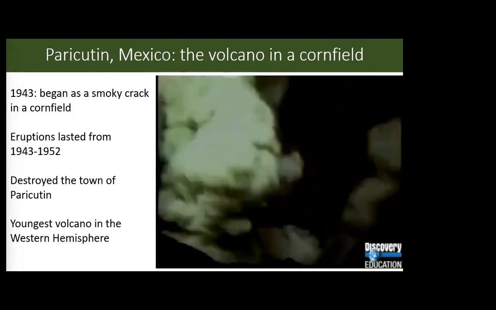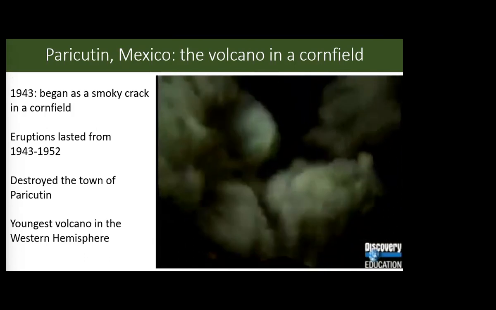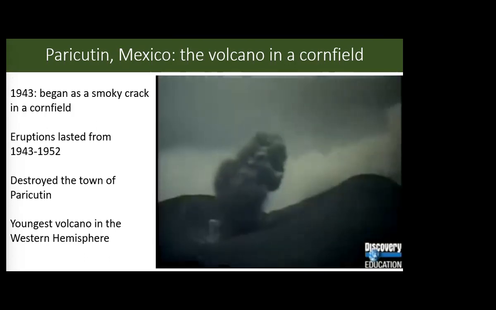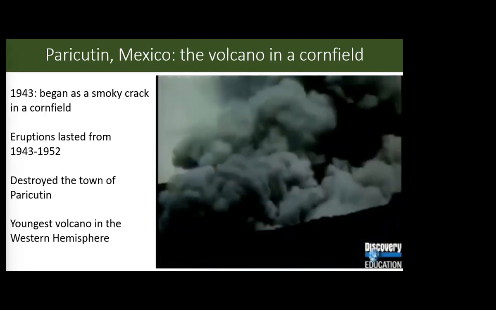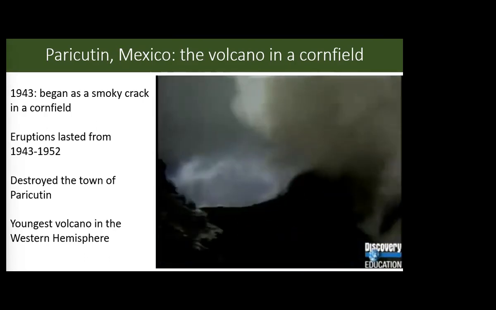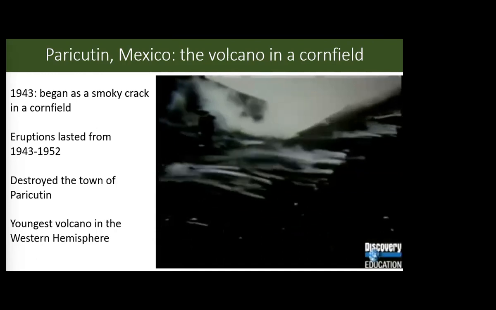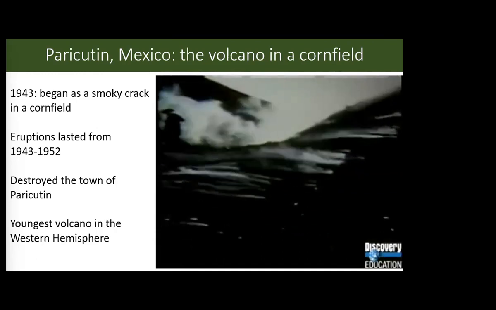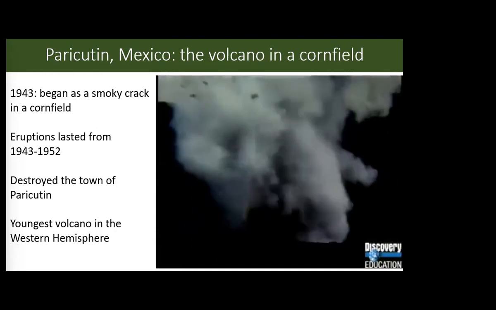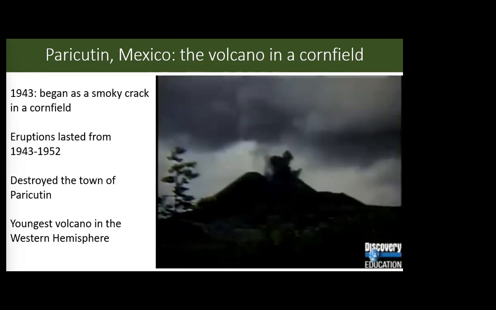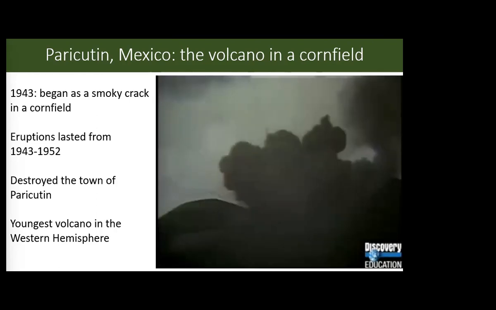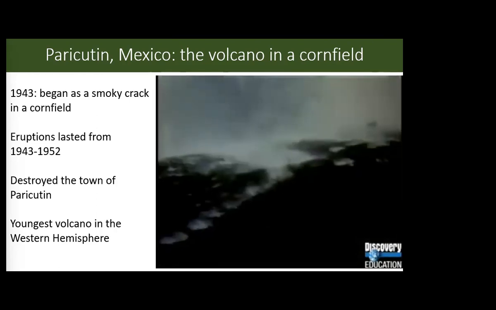But then eventually it started erupting, and pretty violently, for 9 years, constantly, without stopping. And because of this, it is the youngest volcano in the Western Hemisphere. How many years is that? 70 something years old. Very, very young volcano. The youngest rocks in the world are right there.